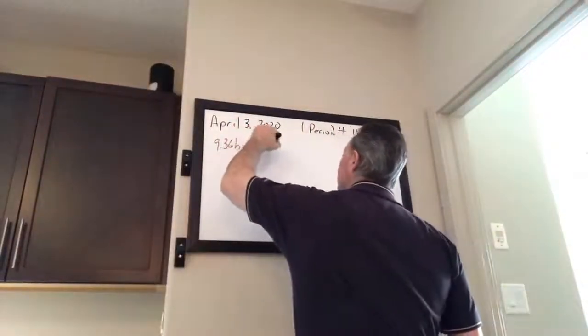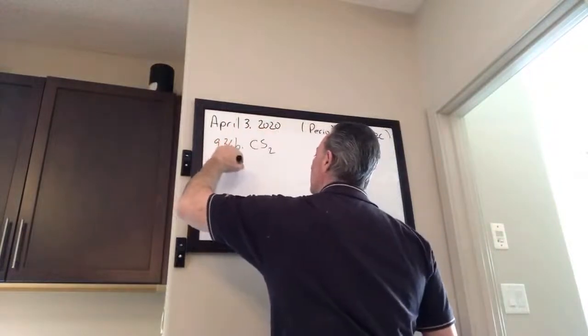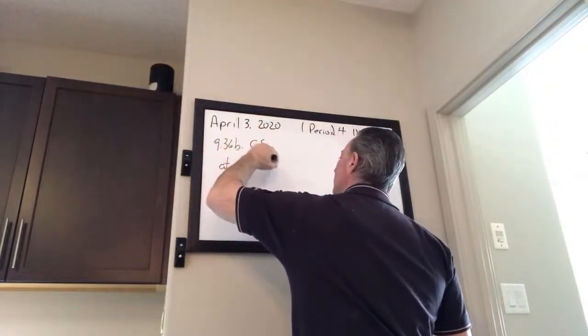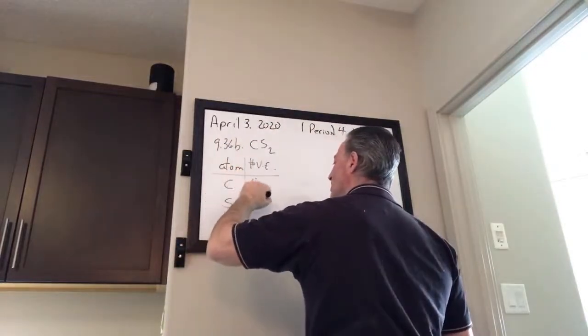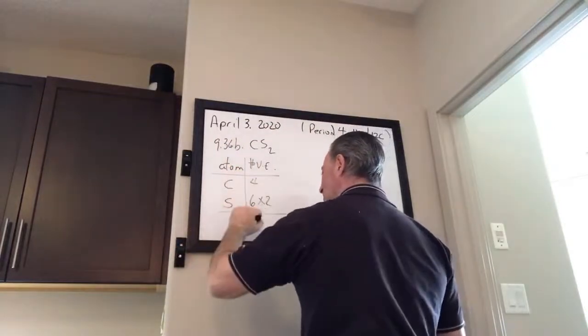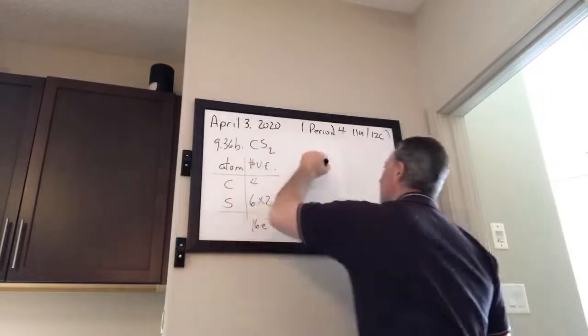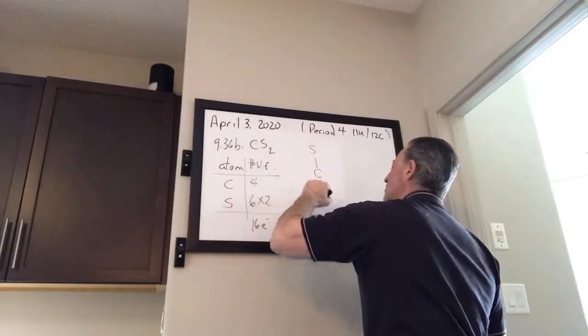936B is carbon disulfide, CS2. So carbon has 4, sulfur has 6, and there's 2 sulfurs. So 12 plus 4 gives you 16 electrons to account for. Connect the sulfurs to the carbon.